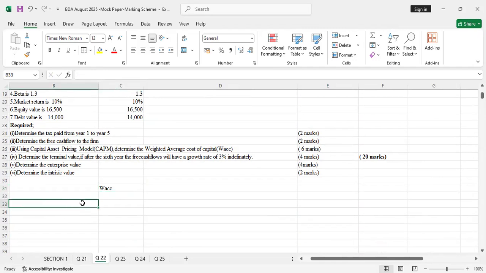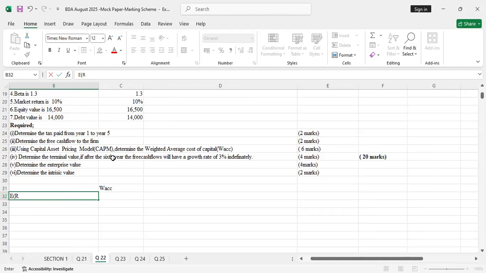So we'll always have this formula. So we'll say the cost of equity, which is denoted as ERi, the cost of the equity. Let me just say ERi. Yeah, that way, CAPM equals the risk-free rate, the risk-free rate Rf, plus beta.